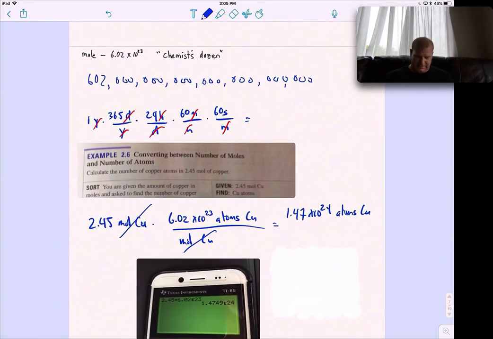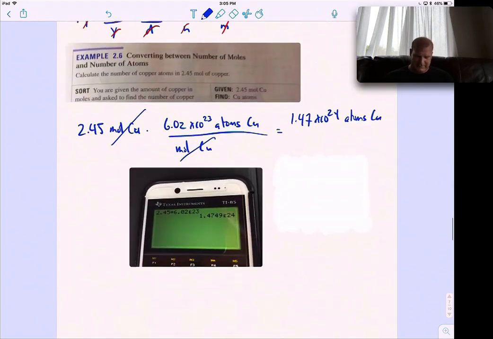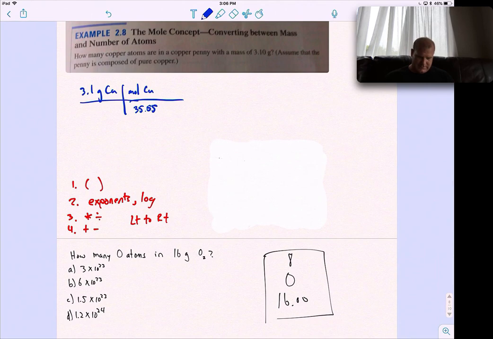Sorry, I'll make sure here. 63.55 grams copper. That's what a mole is, 63.55. And then another step, 6.02 times 10 to the 23rd Cu atoms per mole copper.